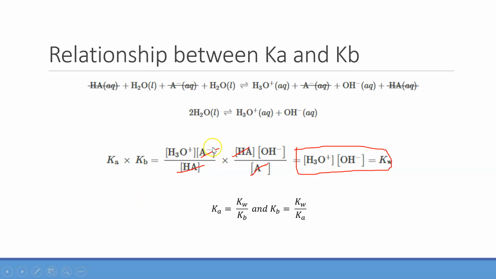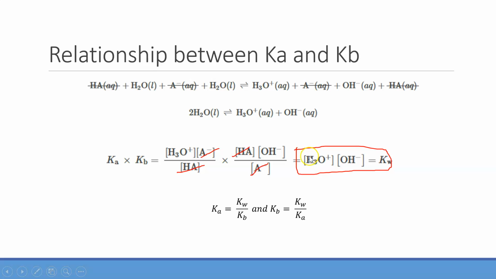Once we've done that, we have to multiply the K's. The rule is when you add equations together, you multiply their constants together. So we get a new constant, and that new constant is the Kw. We cancel the conjugate base, we cancel the acid, and we're left with proton concentration multiplied by hydroxide concentration equals the Kw, which is 1.0 times 10 to the minus 14th.